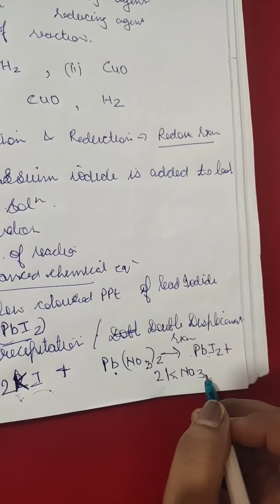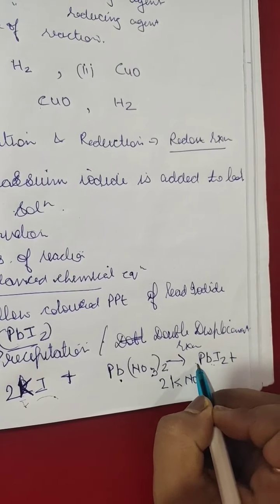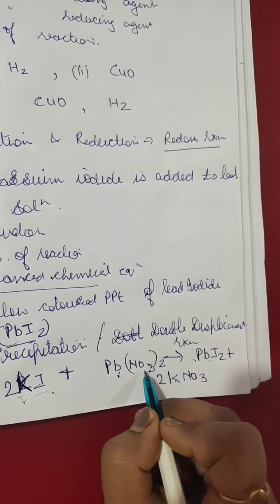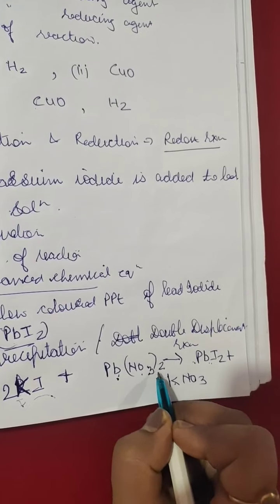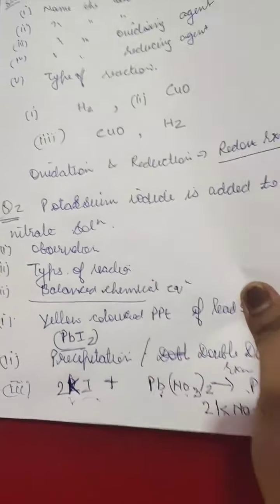So okay, that is balanced, I think. Lead 1, NO3 whole twice, and then here is 2, so it's a balanced equation. So this is done. Okay, so now let's move to the next question.